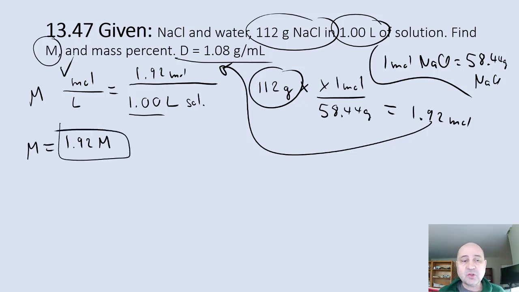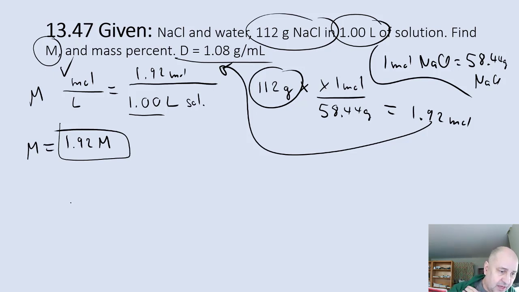All right. So that solution, because we have some solute in there, is no longer going to have a density that's 1.00. So it's slightly different. It's not going to make a big effect. But if we do have a liter, what we want to know for mass percent is the grams per.